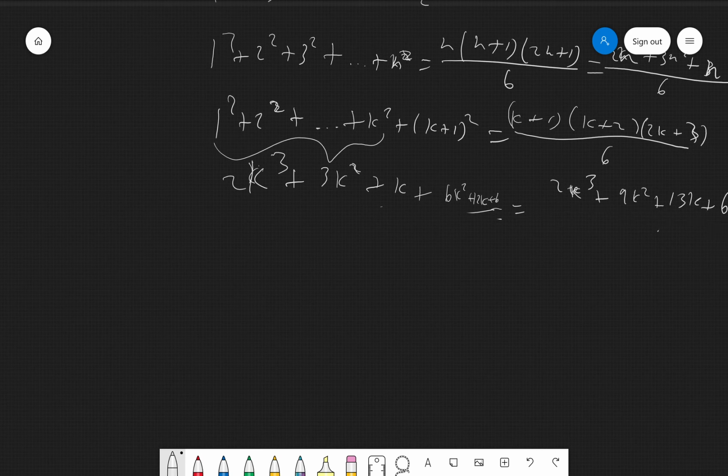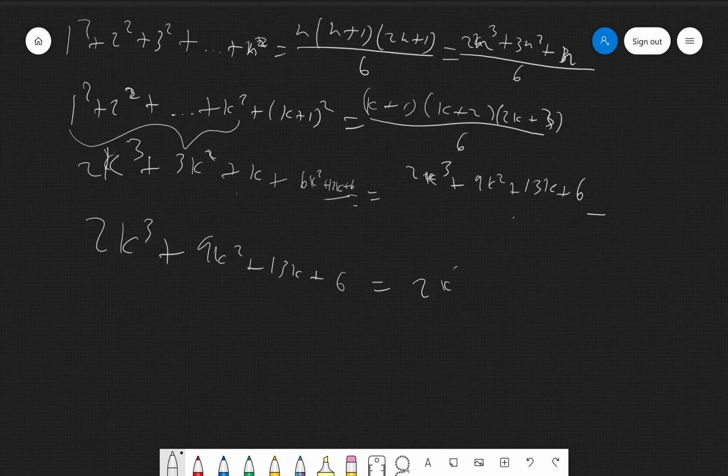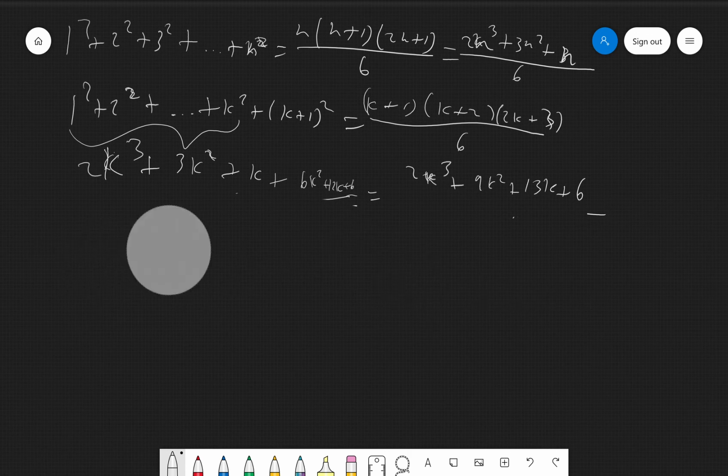So now you get 2k cubed plus 9k squared plus 13k plus 6 equals 2k cubed plus 9k squared plus 13k plus 6, and they're equal, right? So that's good. Subtract this on both sides, you're going to get 0 equals 0, but yeah.